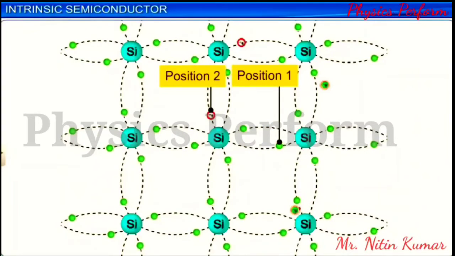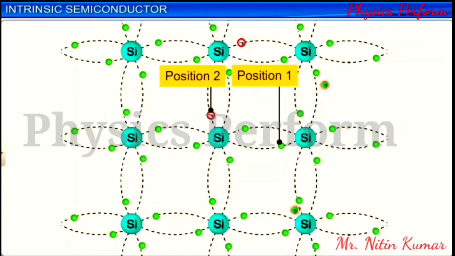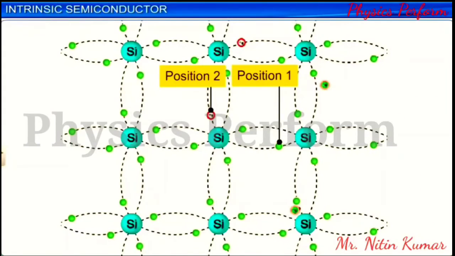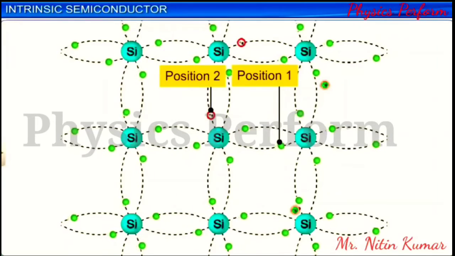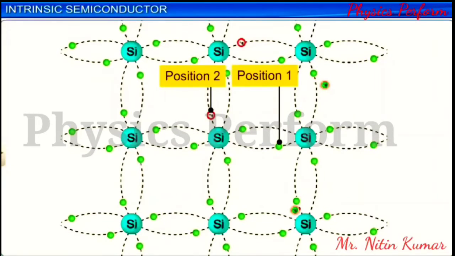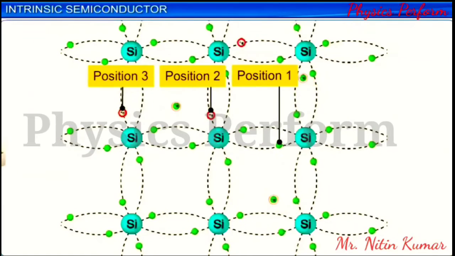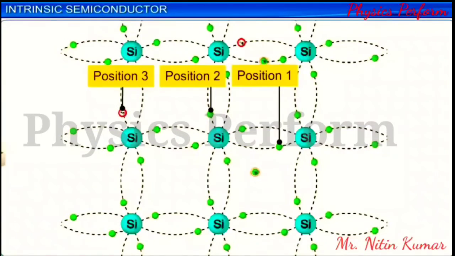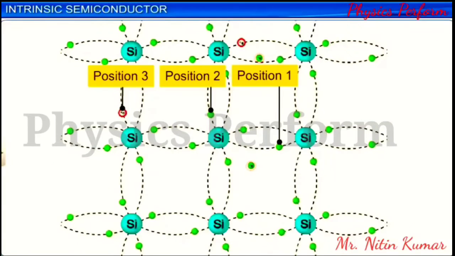This fills the vacancy at position 1 but creates a vacancy or a hole at position 2. Similarly, an electron from position 3 can jump to occupy the vacancy at position 2. This fills the vacancy at position 2 but creates a vacancy or a hole at position 3.